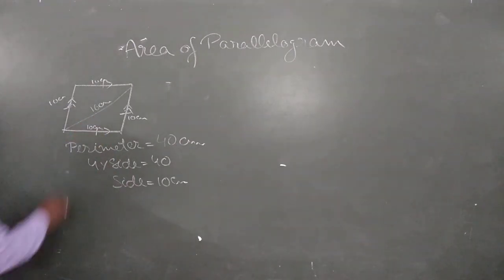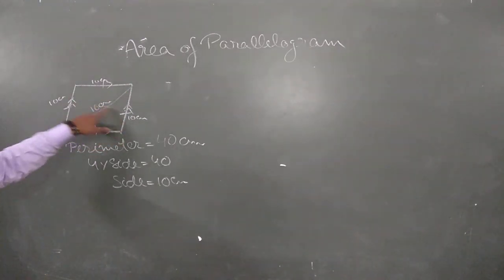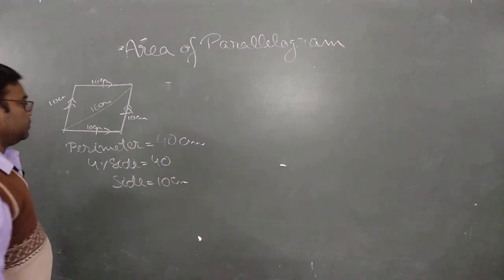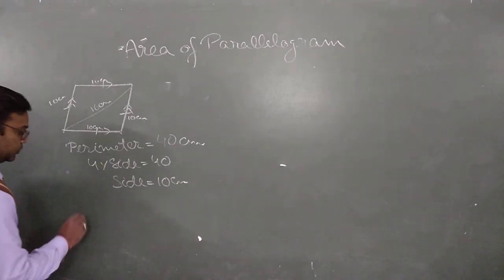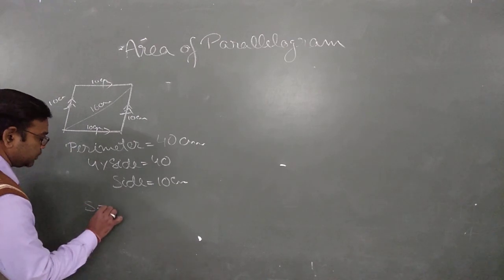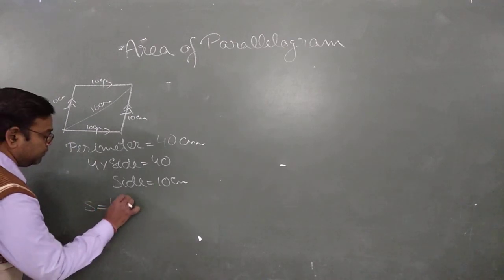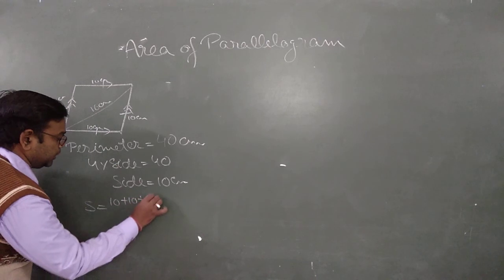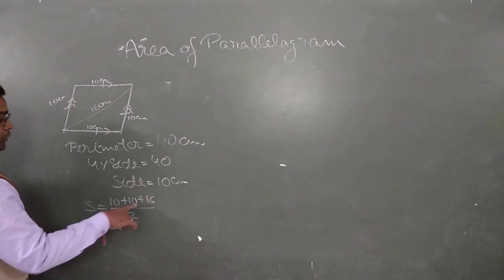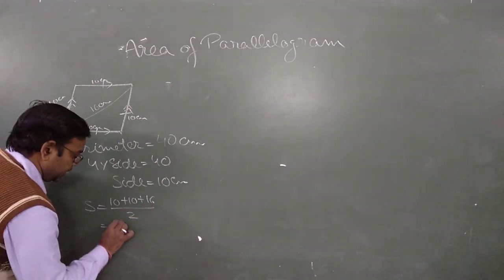So what is the area of this parallelogram? See, if we know the sides of the triangle, we can easily find out the area of one of the triangles and then double the area, like in one of the questions of parallelogram in the previous part just now. So suppose here S equals to A plus B plus C by 2, 10 plus 10 plus 16 by 2, it's 36 by 2, it means it's 18.